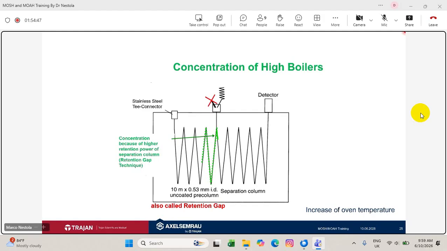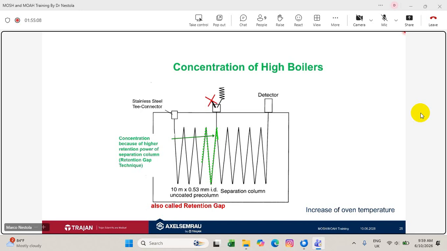this column has much less retention compared to our separation column, which also means when we are increasing the oven temperature, the compounds here will move much earlier, at a temperature much lower than they would move on the separation column.